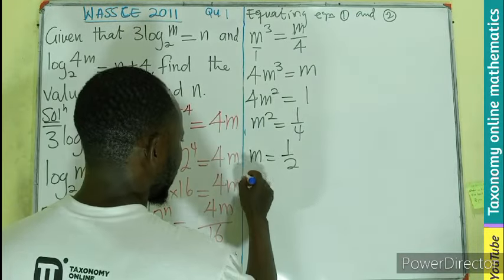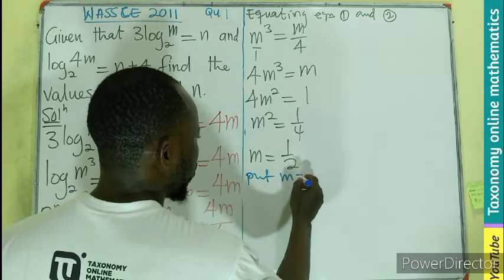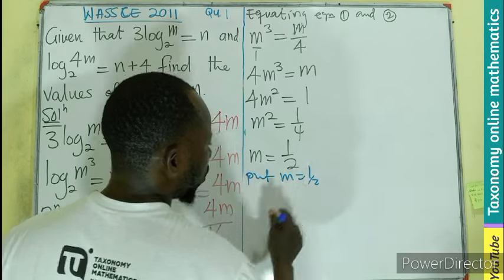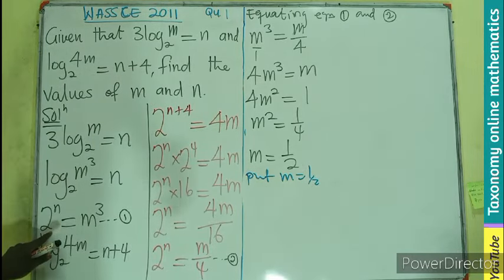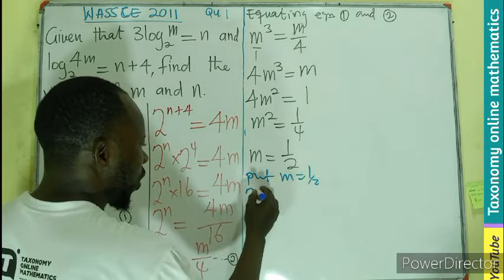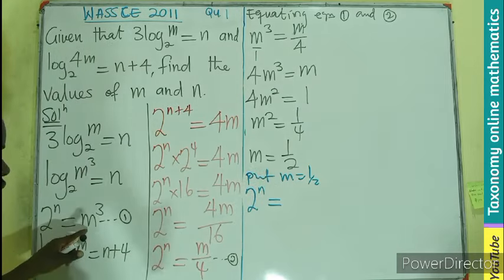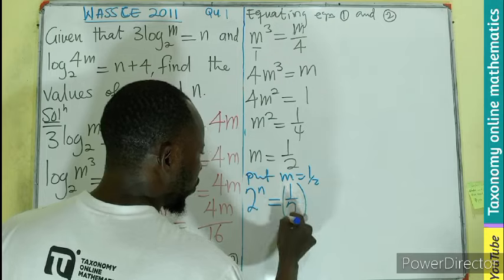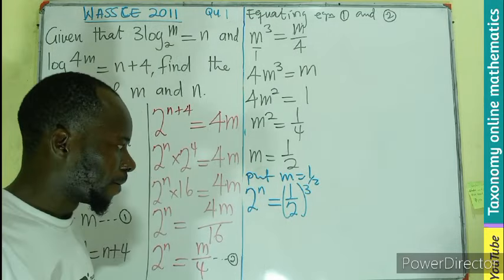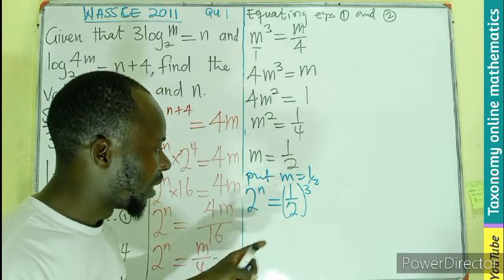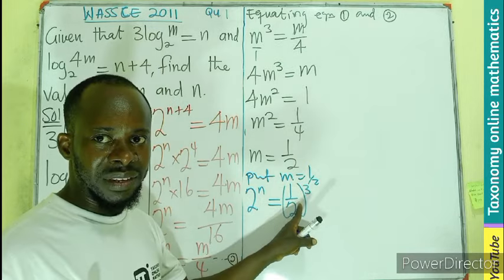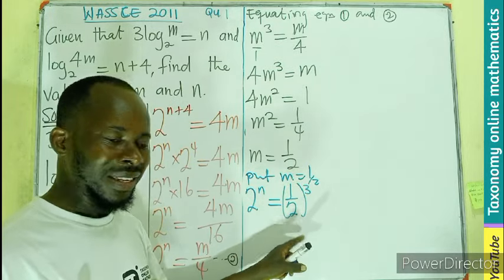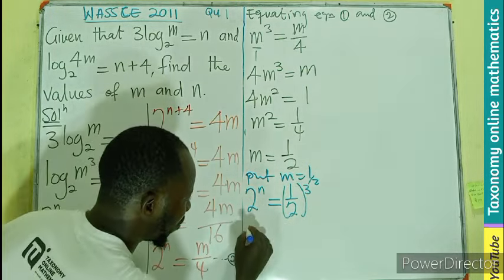So we put m equals 1 over 2 into equation 1, meaning I'll be having 2 exponent n equals m, which is 1 over 2, raised to the power 3. And I guess the laws of indices can come into play. The 3 affects the 1 and the 2, meaning 1 over 8. Then 2 exponent n equals 1 over 8.